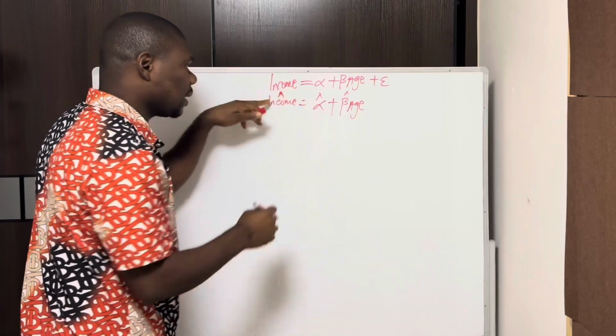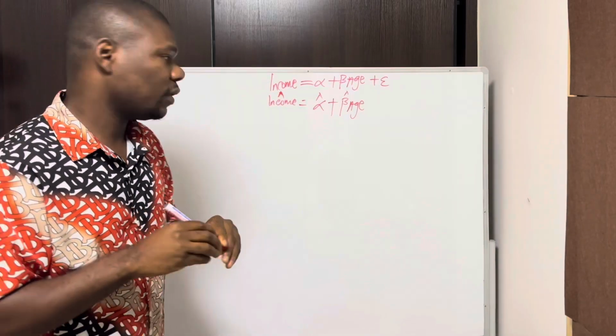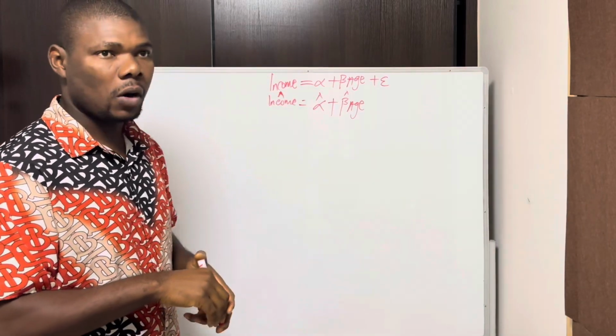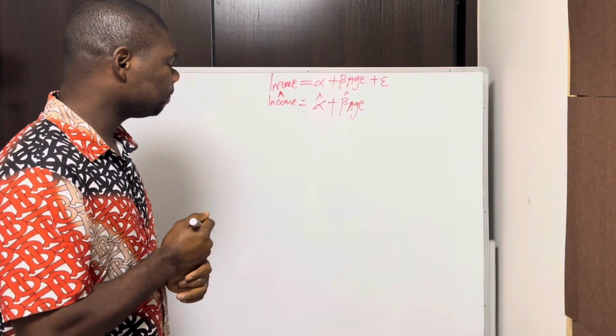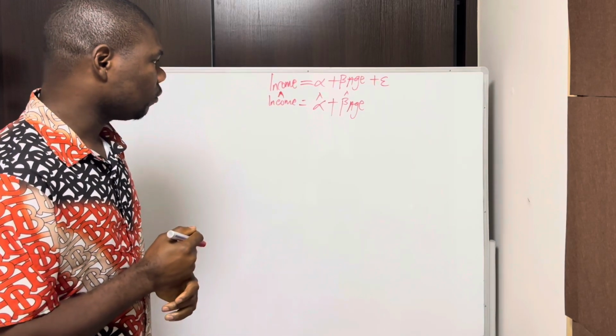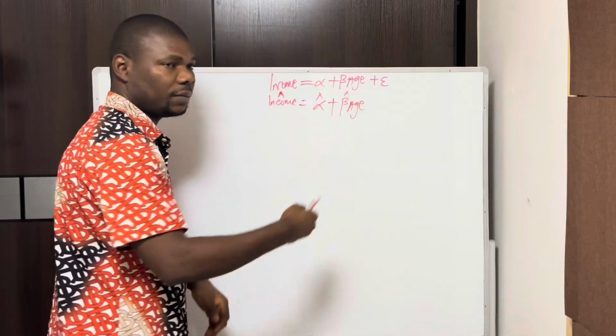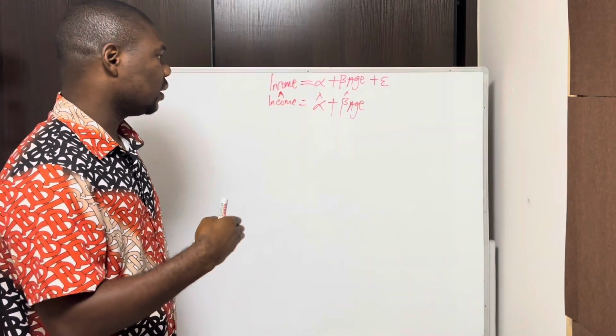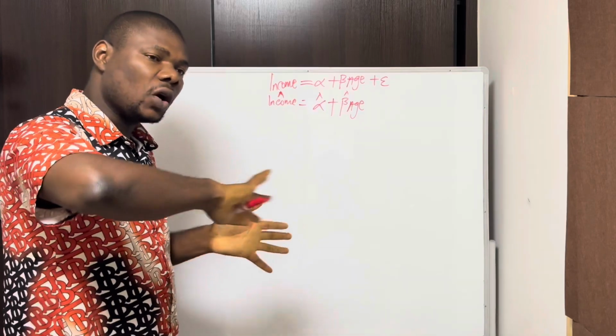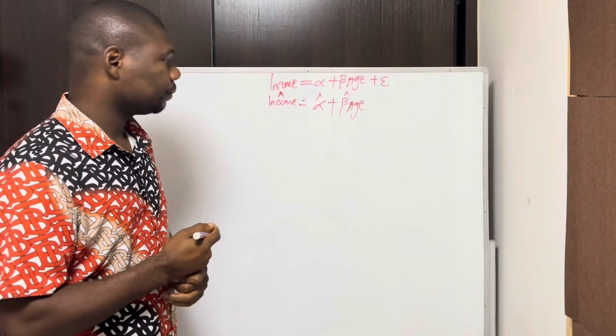The hat on top is just to let you know that this is the estimated model. And whatever we cannot estimate basically goes into the error term.